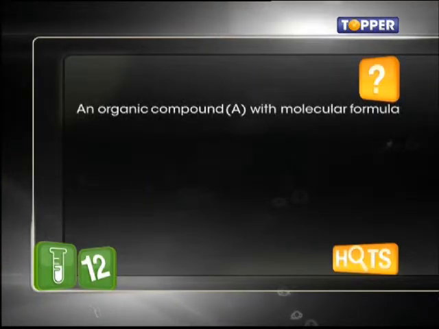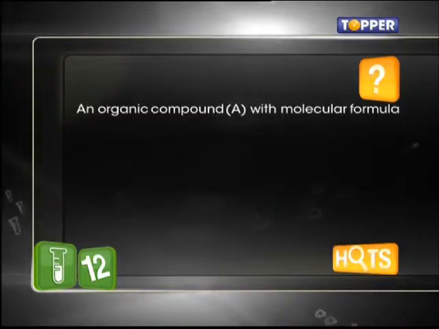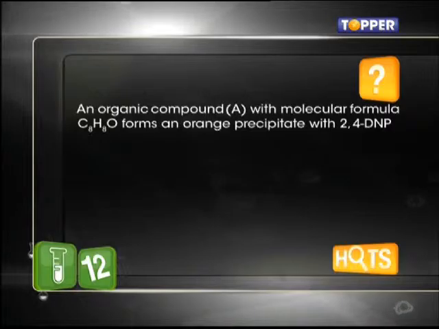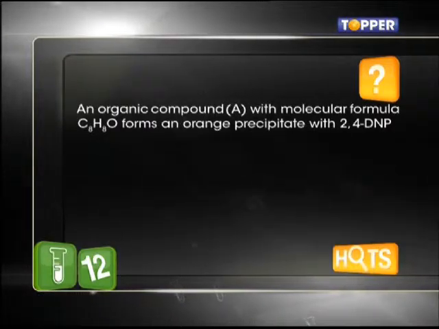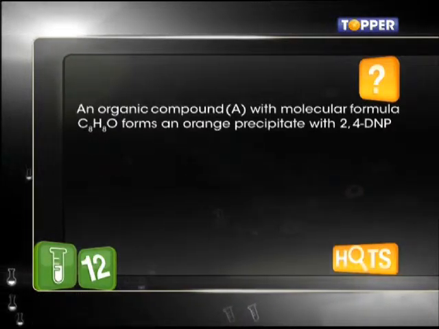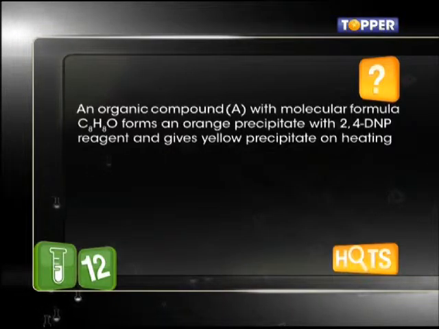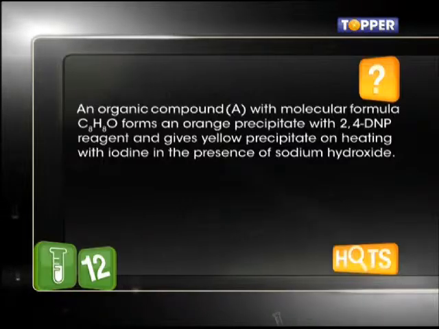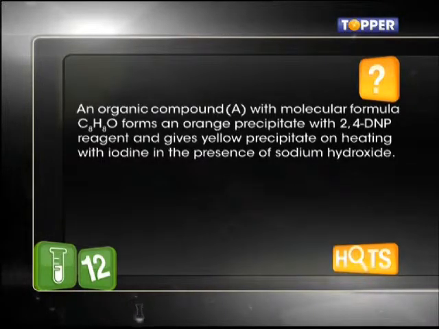In today's HOTS question, you are given that an organic compound A with molecular formula C8H8O forms an orange precipitate with 2,4-DNP reagent and gives a yellow precipitate on heating with iodine in the presence of sodium hydroxide.